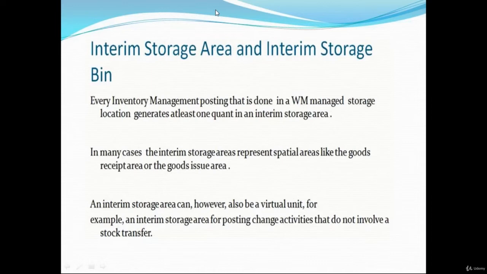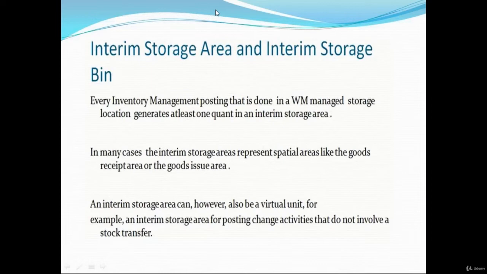In order to maintain that, the extra 50 tons in the system is moved to the 999 storage type. That is the interim storage area for differences. Whenever we are moving it, we make sure that the total quantity of material in the IM should be same as that of WM.